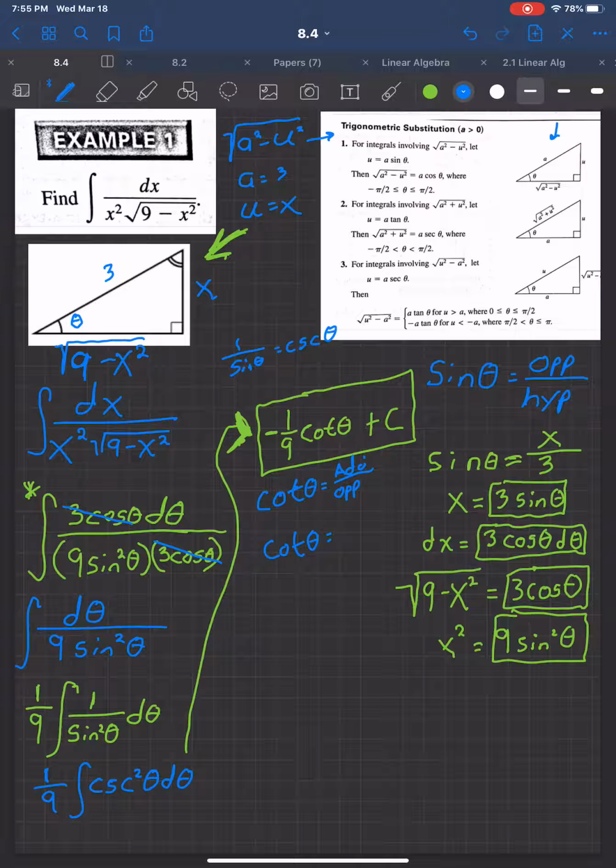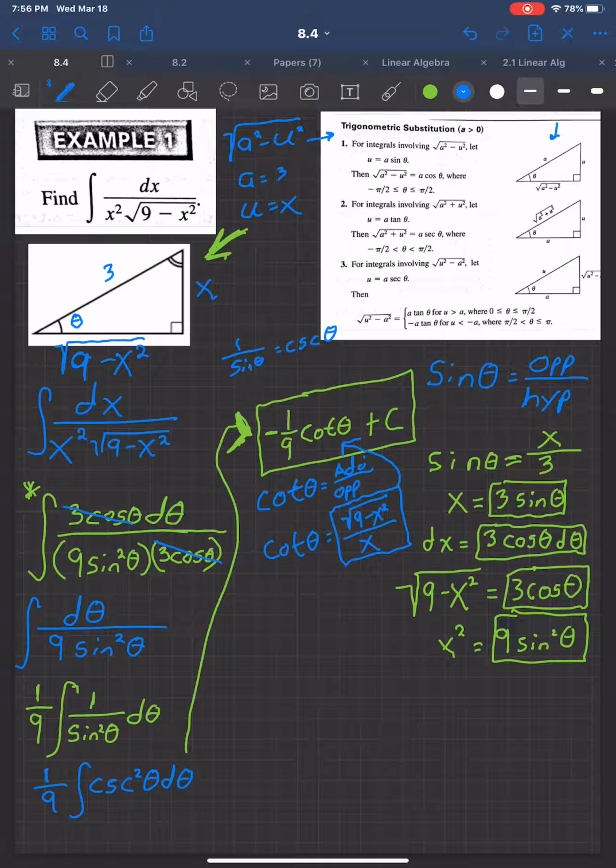The adjacent side is the square root of 9 minus x squared. The opposite side is x. So do you see what I'm saying? You can actually use that triangle to get into terms of theta, as well as to get back in terms of x.